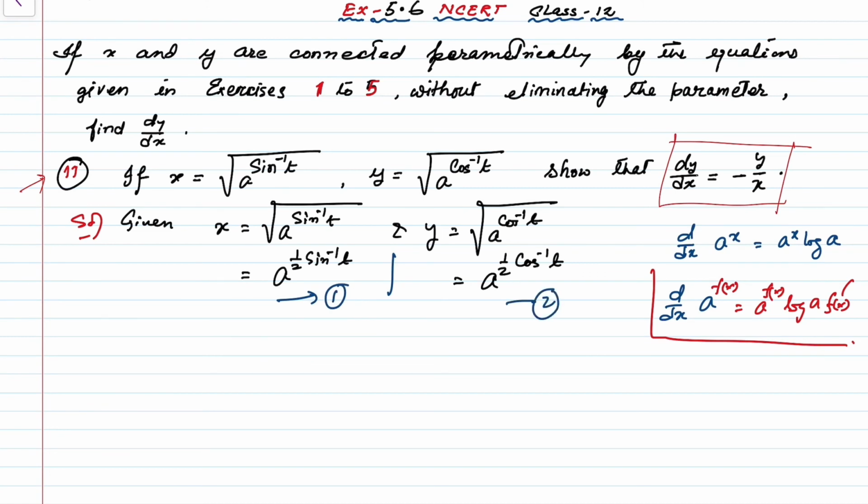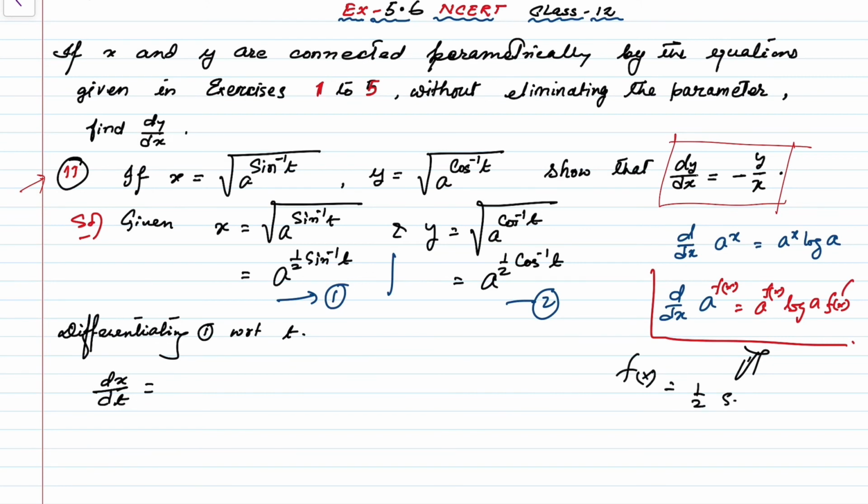Now let us differentiate 1 and 2 with respect to t. Okay, differentiating 1 with respect to t, you will get dx by dt is equal to, if you apply this result, so here f of x is half sine inverse t, isn't it?